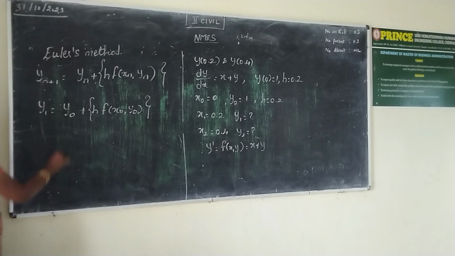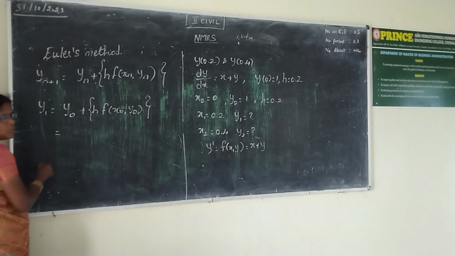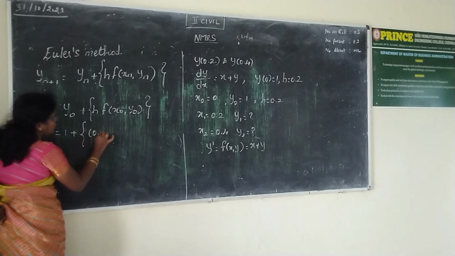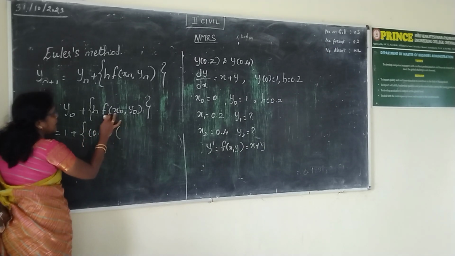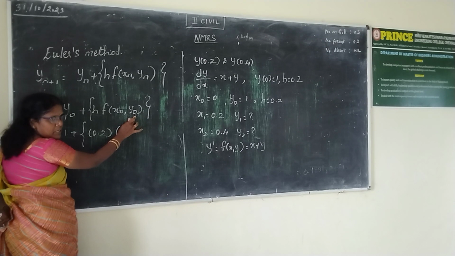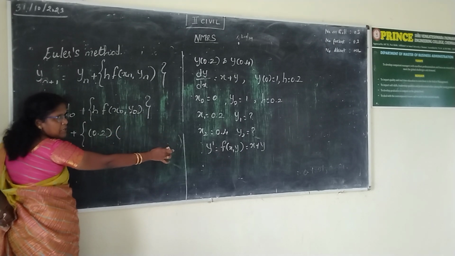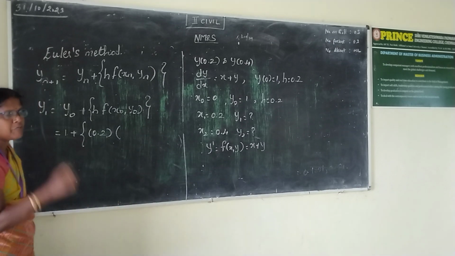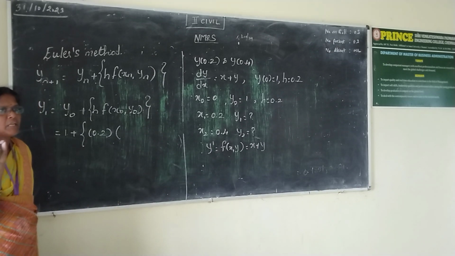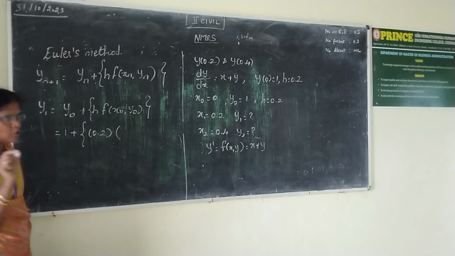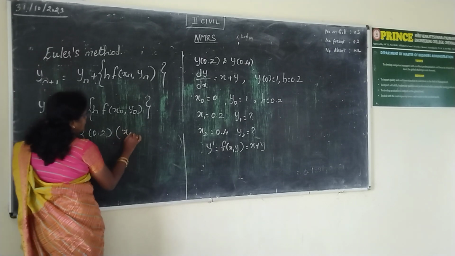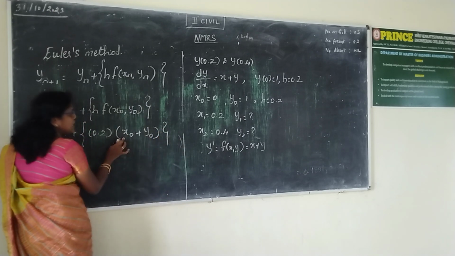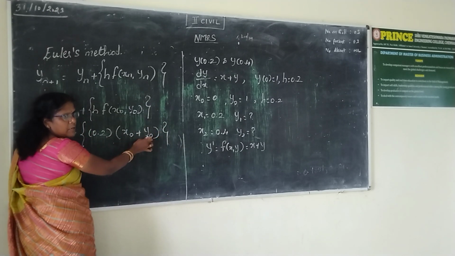Substitute the values. What is y0 given? 1, plus the h value for the problem, 0.2, into f of x0 comma y0. That means in f of x comma y, replace x and y by x0 and y0. So you will get x0 plus y0.